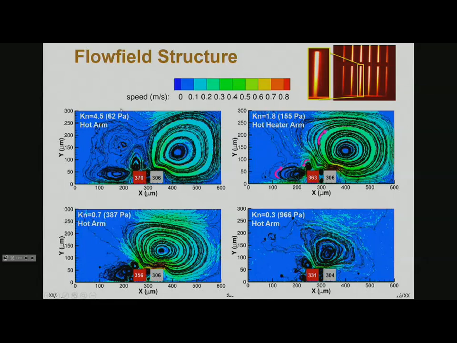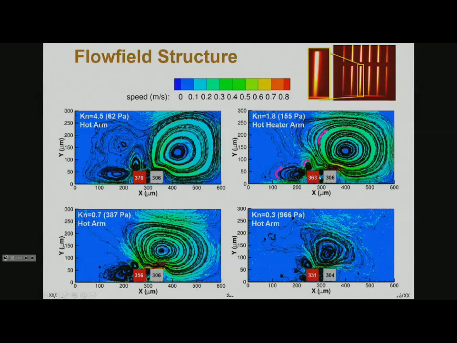So we had all of our different cases, with the different temperatures of the beam set. There was no ambient velocity here, but you can see that the velocity could peak at almost a meter per second, which isn't very high, but given that it was microscale and there was no ambient velocity, it's certainly surprising that such a velocity could form from nothing, so to speak.